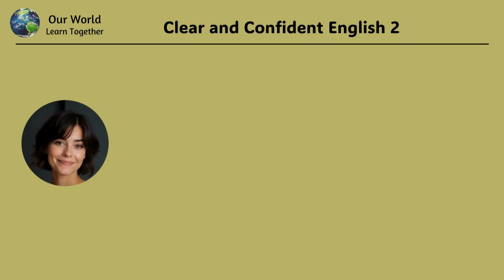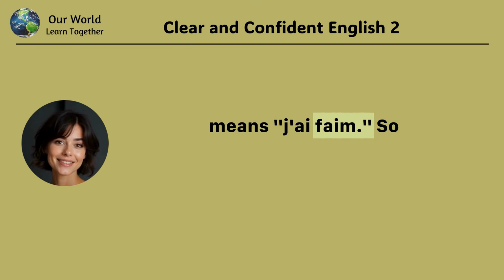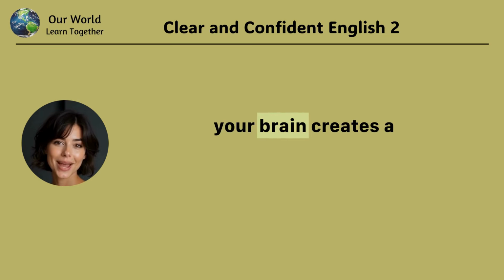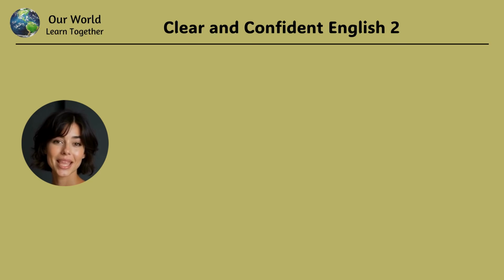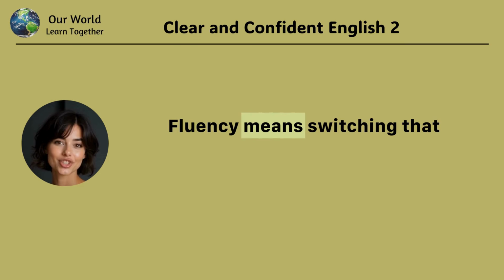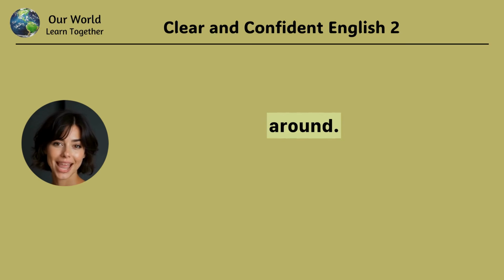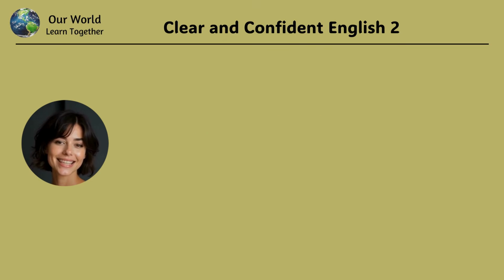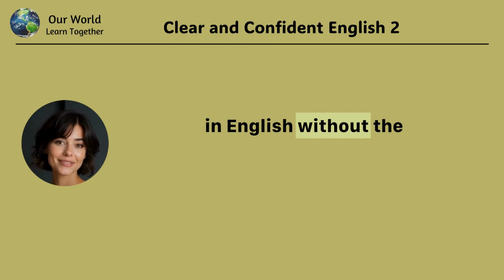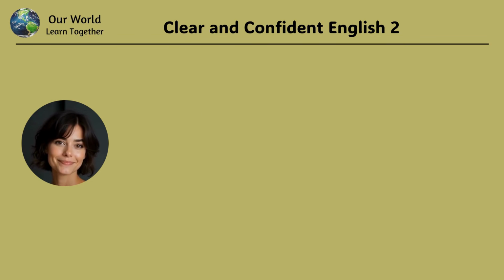I'm hungry means j'ai faim. So your brain creates a habit, native language to English. But here's the thing. Fluency means switching that around. It means thinking directly in English without the extra step.